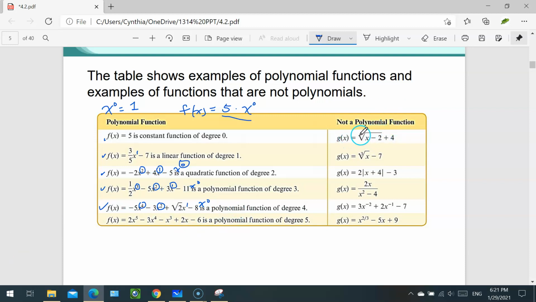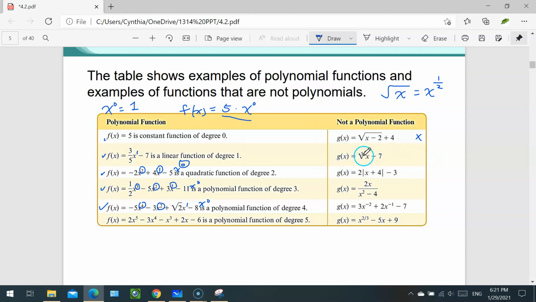The g of x function has a root, the square root of x minus 2. When you have the square root sign of x, another way to represent it is x to the power one half. Now, one half is not an integer, it's a fraction. That's the reason why this is not a polynomial.